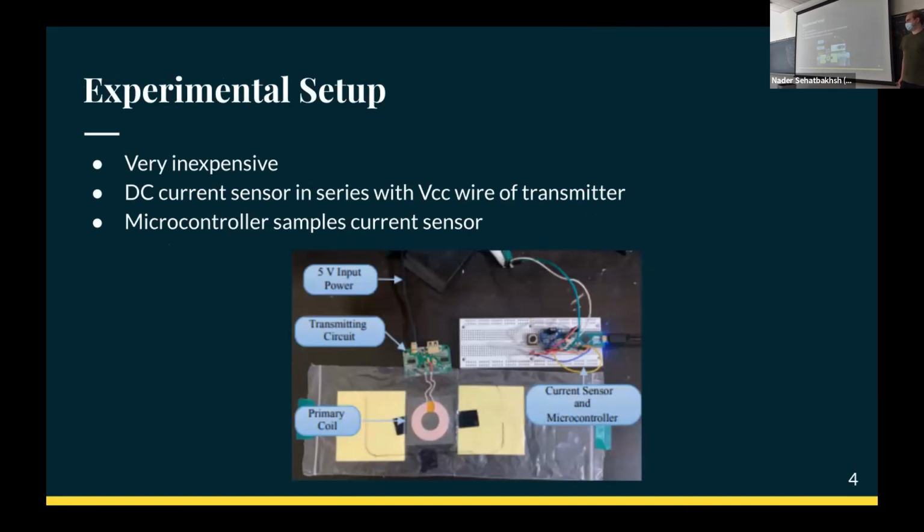So here's our experimental setup, used throughout the paper. I believe they said it was around $30 in parts. We have a current sensor and microcontroller here, just a DC current sensor. This is where one of the big limitations of the paper comes from, because it was limited to sampling at 700 hertz.